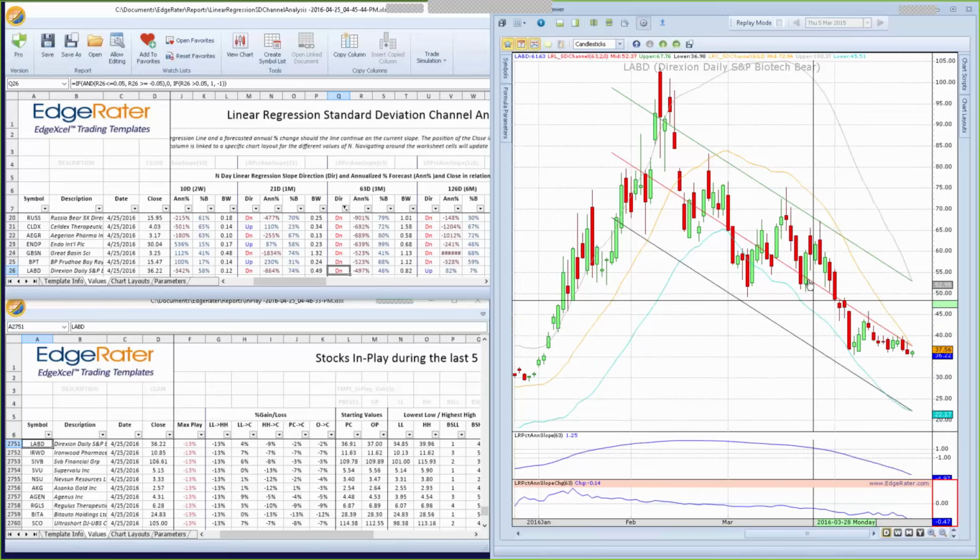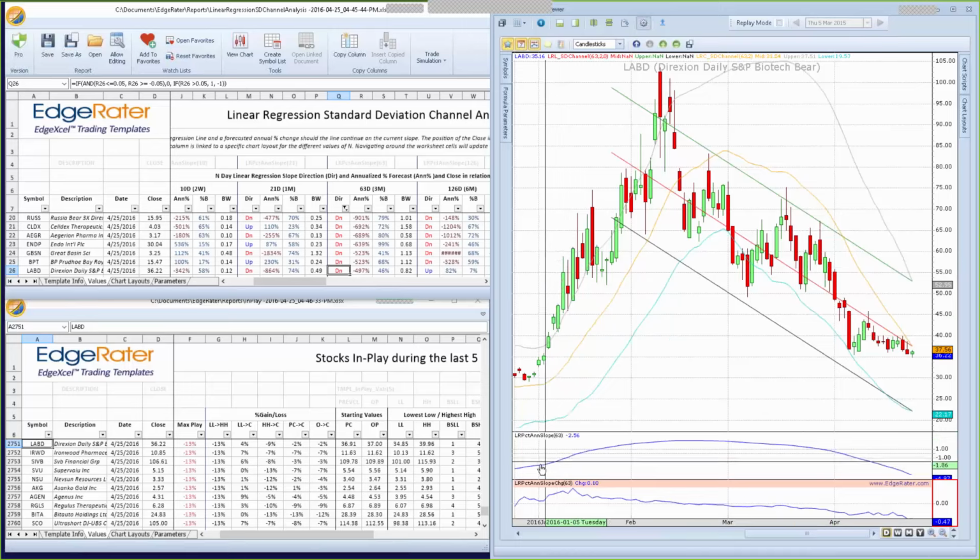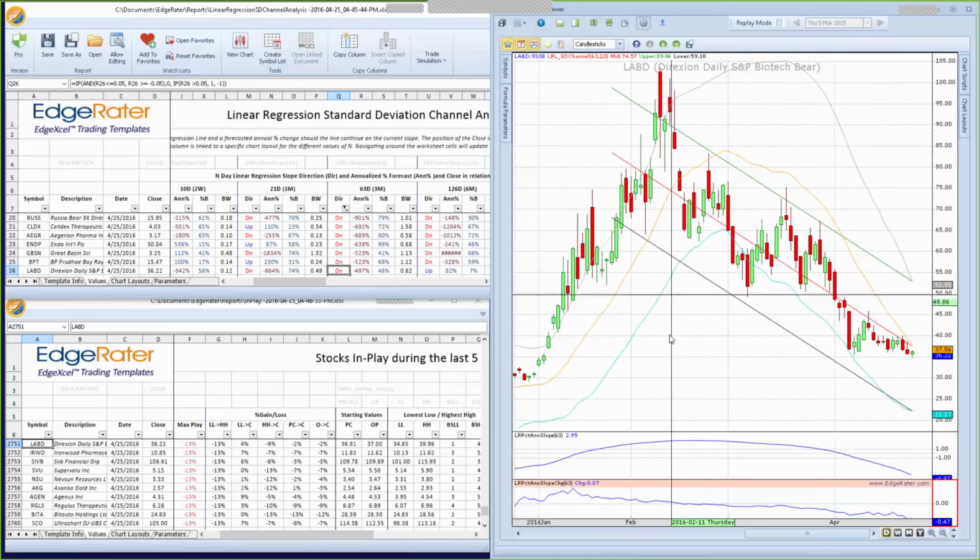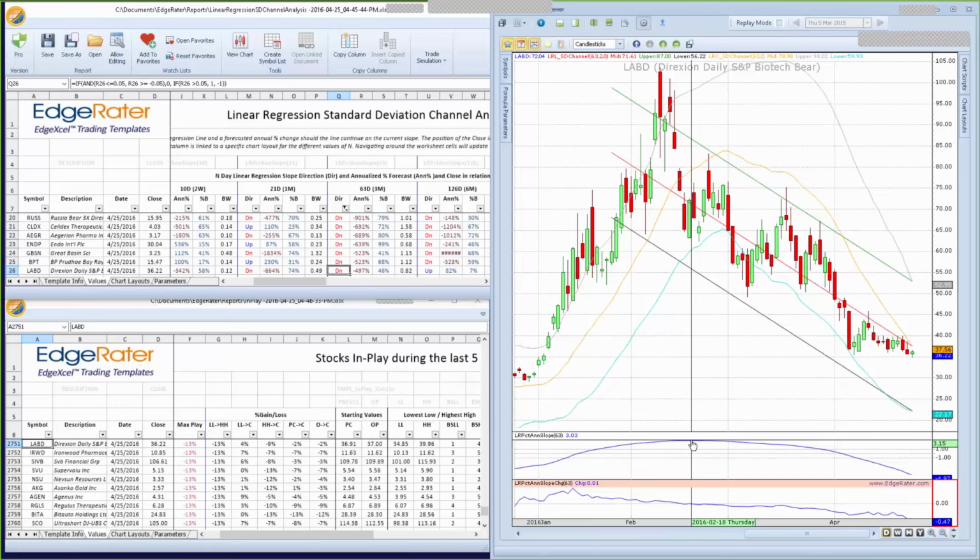And then the lower chart area is showing you the slope of the linear regression channel throughout history. So this point here that I'm pointing at, you can see you're right at the apex of this curve. That's when the 63-day linear regression channel started turning down, right there.